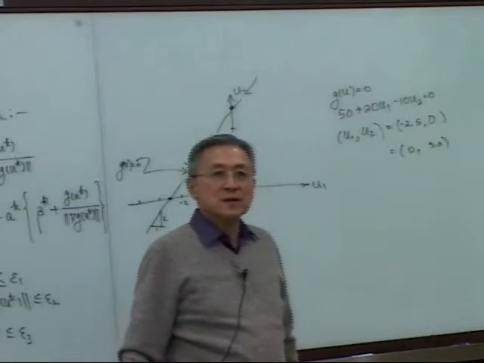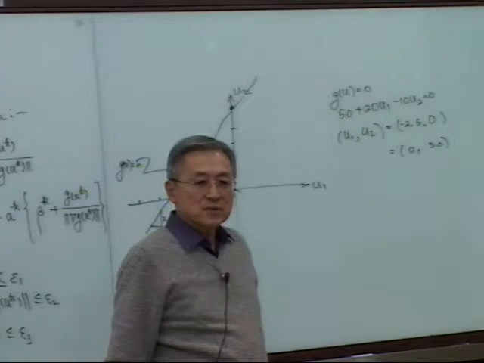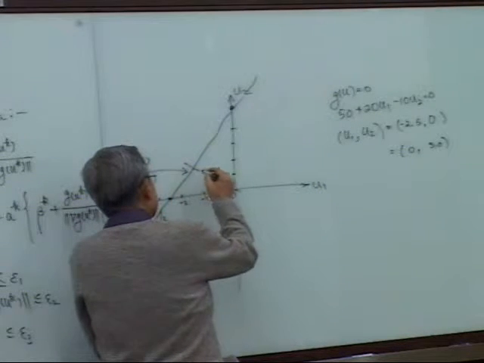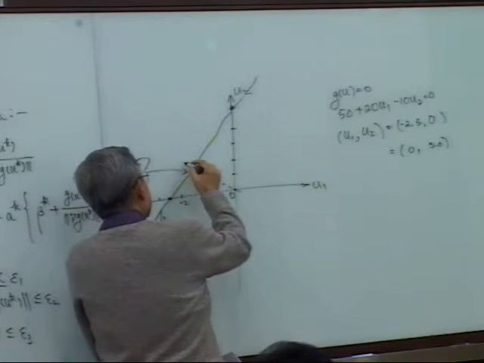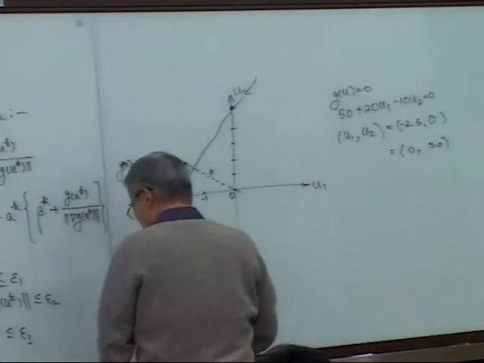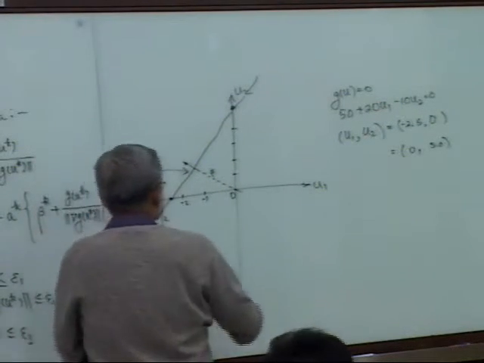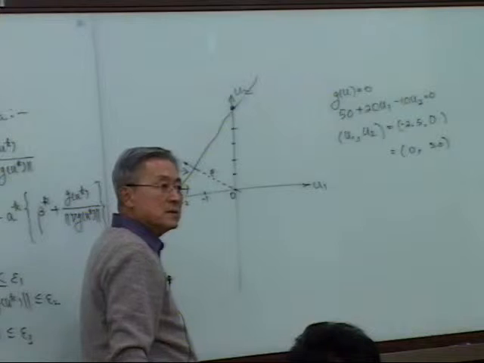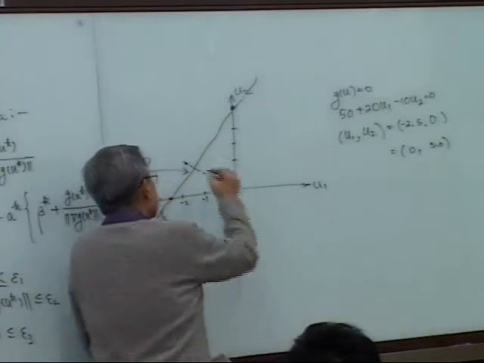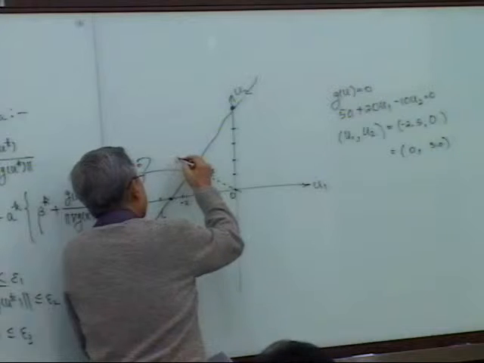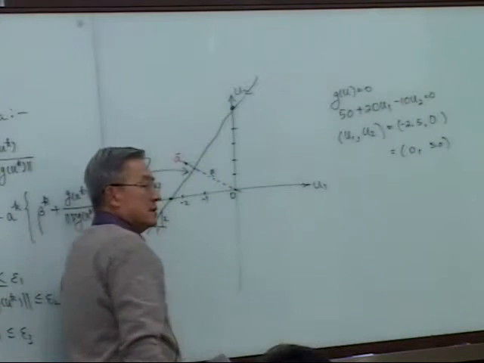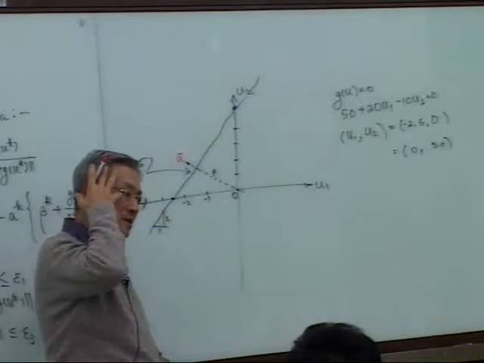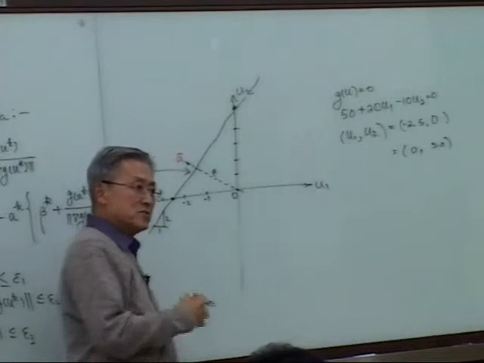Graphically, you can see it easily for a 2D problem with such a linear performance function. Here, the vector pointing in this direction is equal to minus a, in the gradient direction of g.